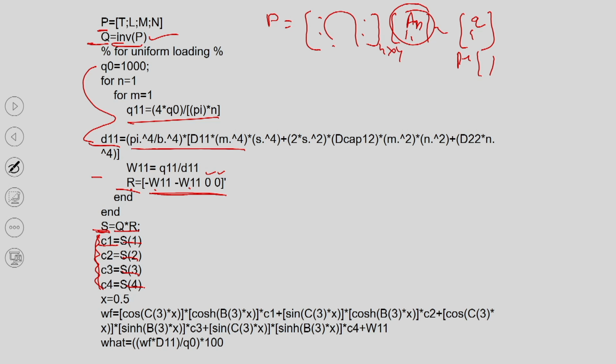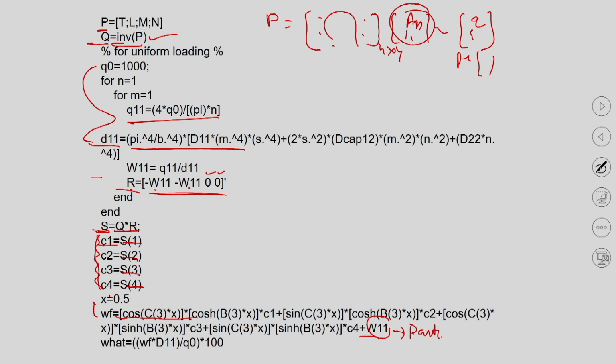Now, you can evaluate x equal to 0.5, where deflection will be maximum, and W can be written in its final form. Something W11, we would like to say that is the particular solution, and again y is equal to 0.5, for that sine of n pi will give a value of 1.